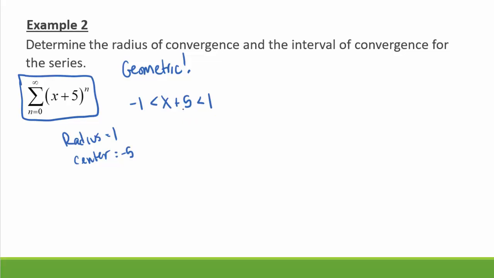Let's talk about the interval of convergence. I subtract 5 from both sides. And if you think about it, the number that stands between negative 4 and negative 6 is negative 5 with a radius of 1. So be on the lookout for those geometric series, okay? And I always tell my students that.